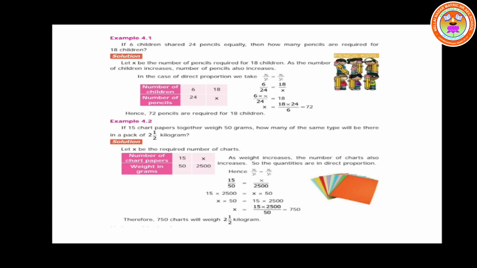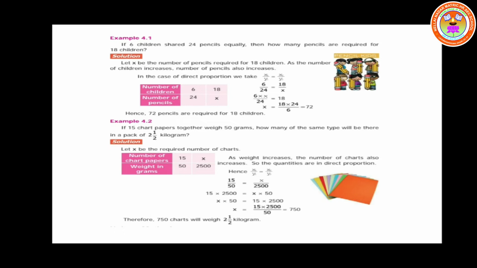Now cross multiply: 6 into x is equal to 18 into 24, so x is equal to 18 into 24 by 6. In the 6 table you can cancel: 6 threes are 18. So 24 into 3, your answer is 72. Hence 72 pencils are required for 18 children. I hope you all understood.